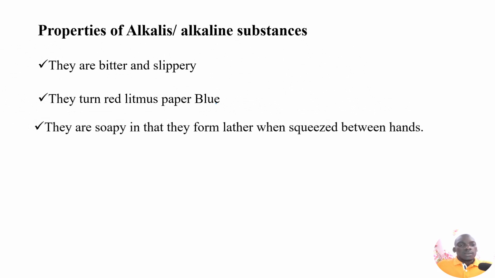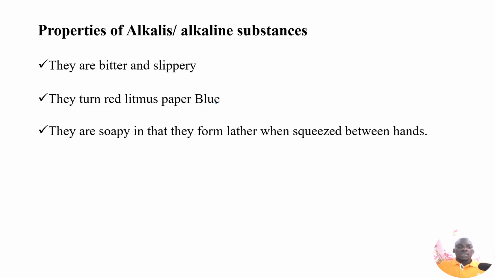Then they are soapy, in that they form a lather when squeezed between hands. I've already talked about this one. When you get those plants or substances that are alkaline and squeeze them between your hands, you find that they form some kind of foam or lather.